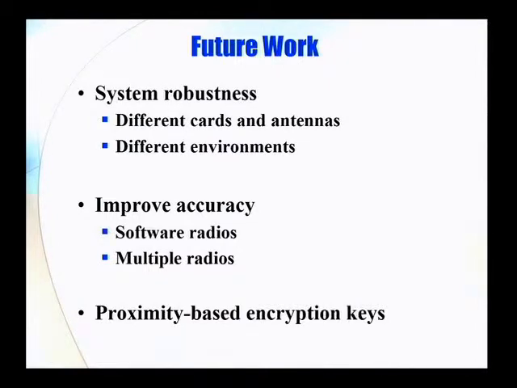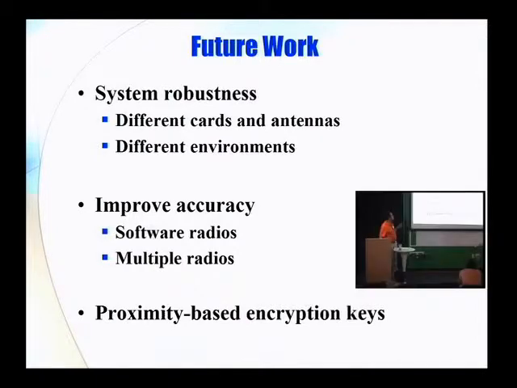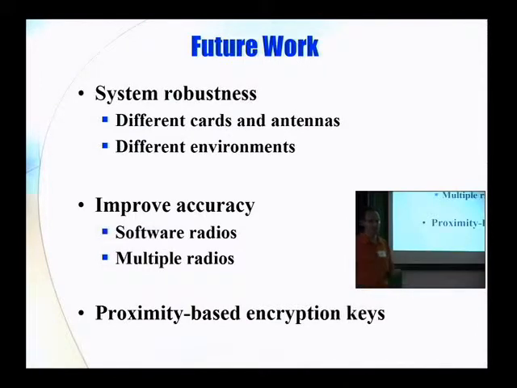First of all, we obviously have to deal with system robustness. One key aspect is dealing with different cards and different antennas. So far, we've only run some very preliminary experiments where we looked at different antennas. And what we've seen is that you can typically develop some kind of normalization function.